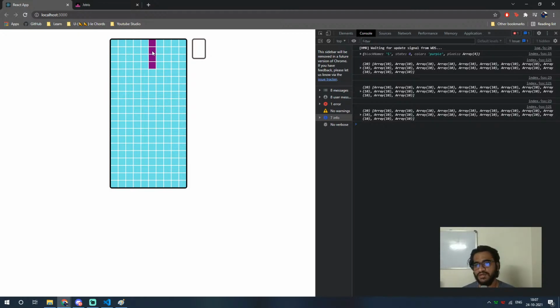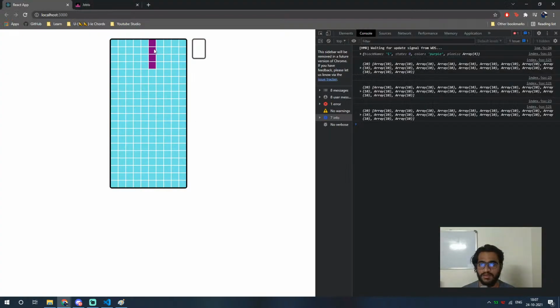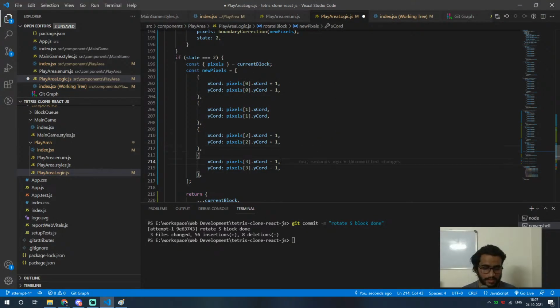The third pixel would be minus 1x plus 1y, and the fourth pixel would be minus 2x plus 2y.